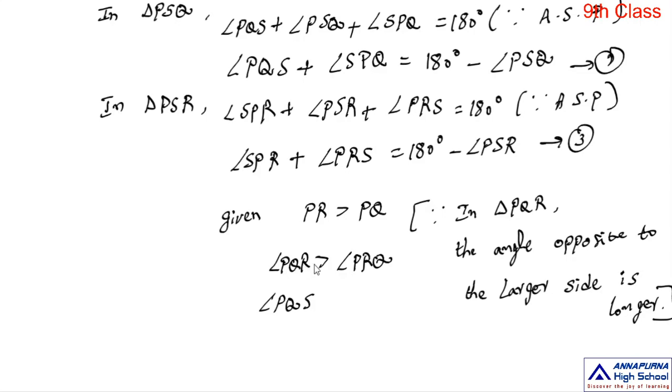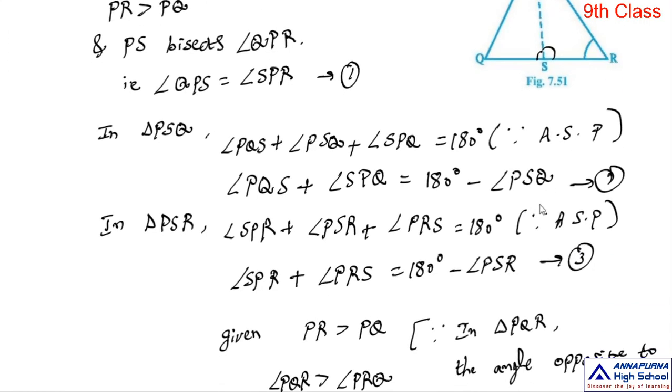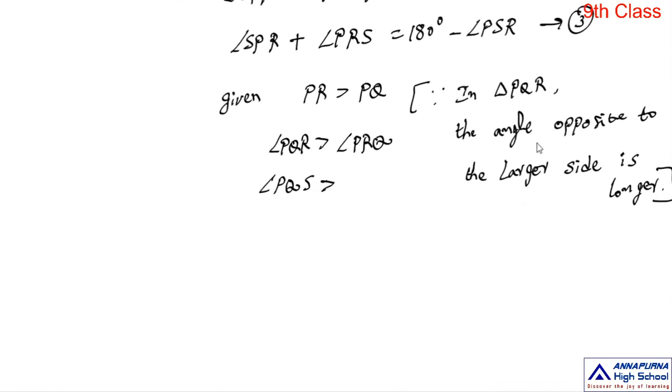So angle PQR means angle PQS is greater than angle PRQ. Angle PRQ and angle PRS are the same angles. So angle PRQ means angle PRS.